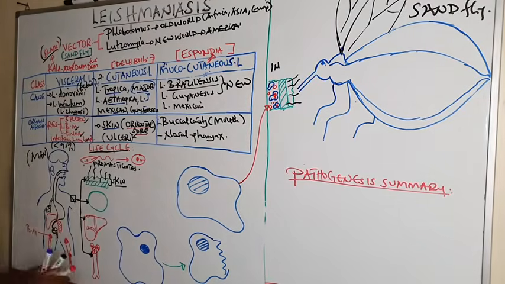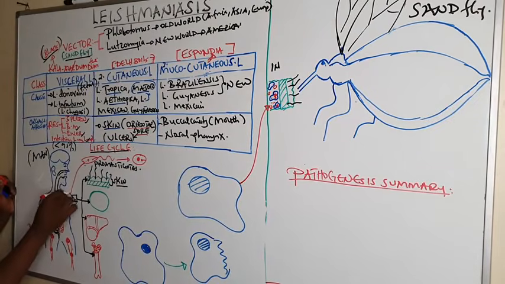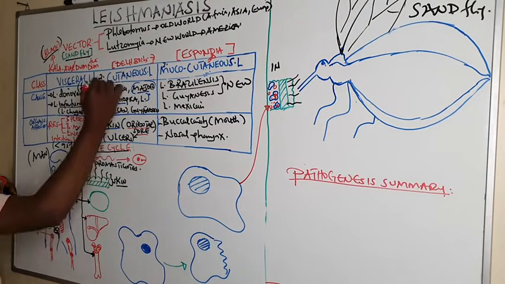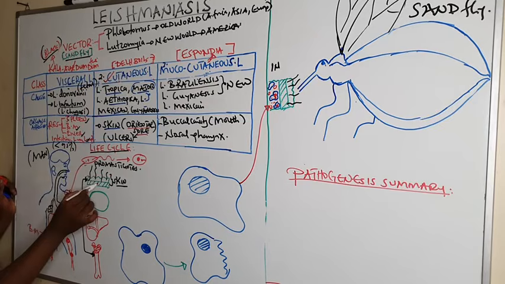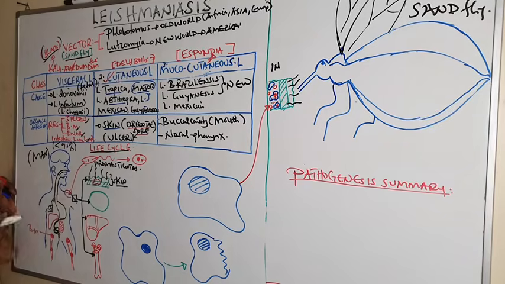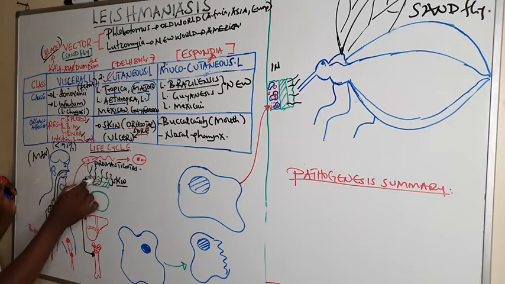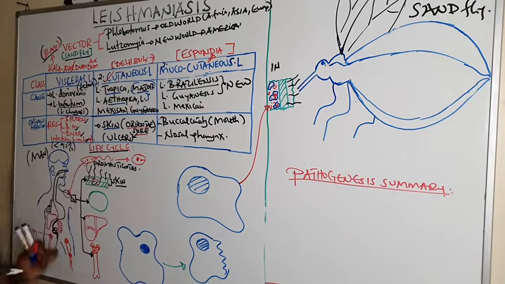When these promastigotes are inoculated into the skin, they are taken into the bloodstream, whereby if it is cutaneous, these promastigotes remain within the skin. The macrophages within the skin engulf these promastigotes, and after engulfing them, they transform into amastigotes.